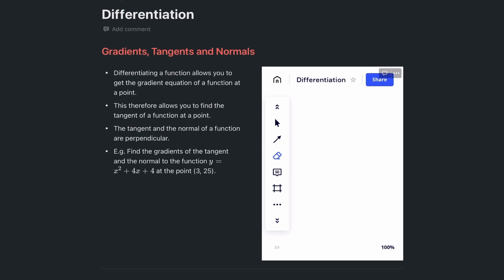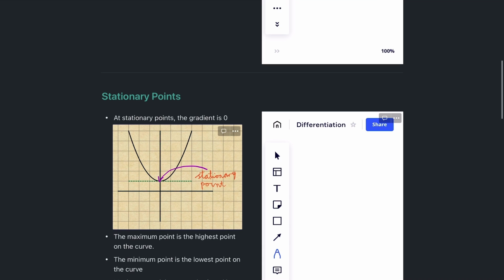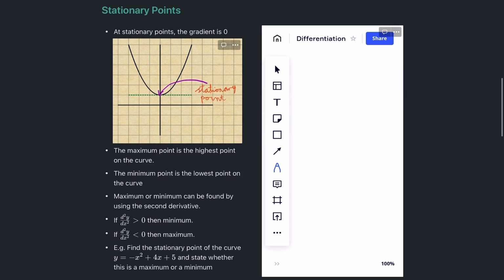Okay, so next thing we need to go through is stationary points. The way to look at stationary points is, the stationary point is basically like the bottom of a curve, right? The turning point. And obviously at this point the gradient is 0, as you can see.